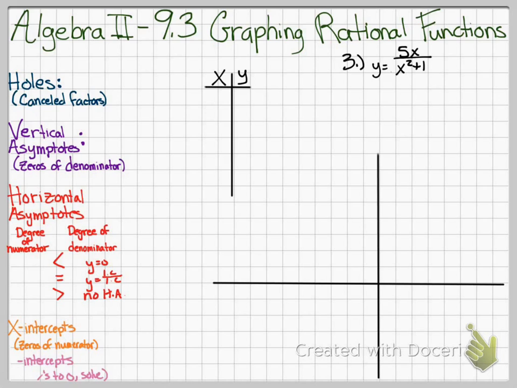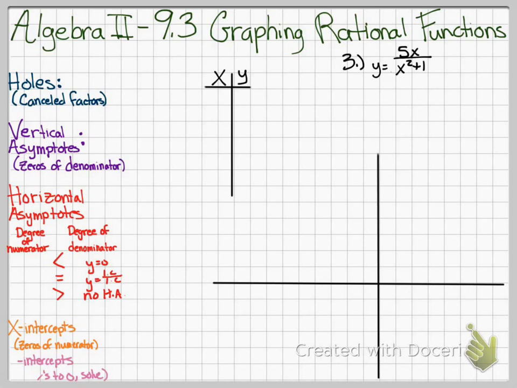So if you take a look at this one, again, we would always go after trying to figure out our holes first, which means we have to try and factor. But on the top, there's nothing to factor. It's already in factored form. It's 5 times x. On the bottom, we have x squared plus 1. If you remember, there's no such thing as a sum of squares.